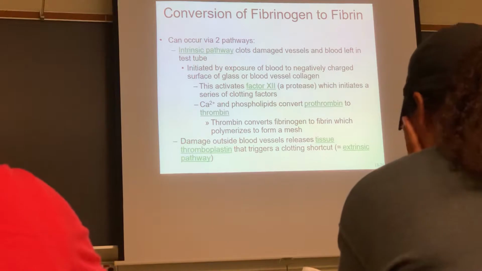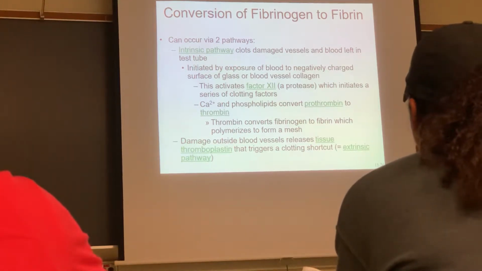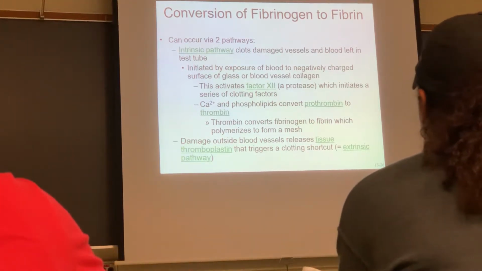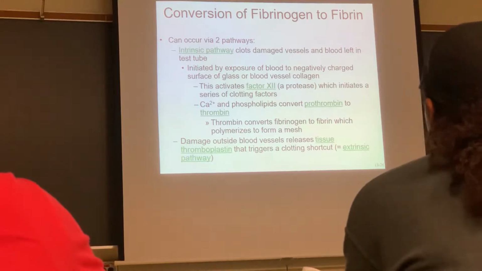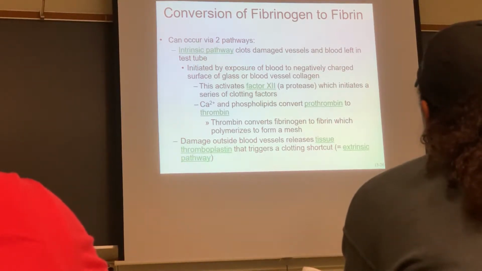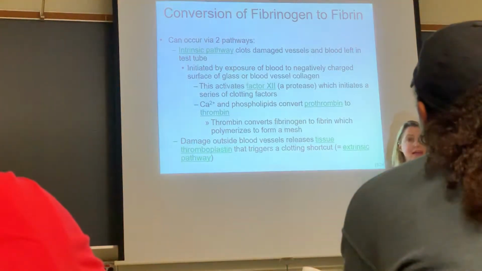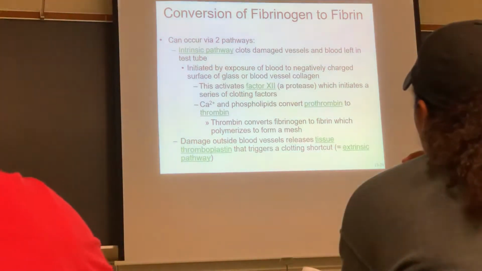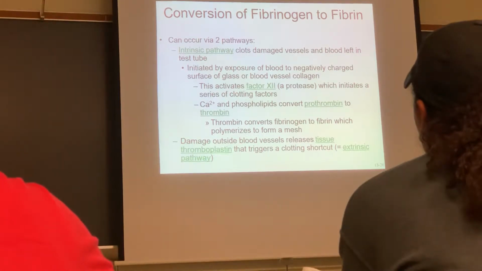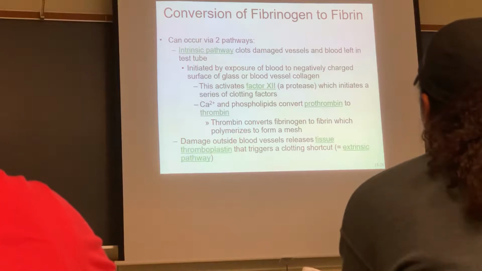So the question is, how do we get from fibrinogen, which is an inactive protein, to fibrin? Well, it actually occurs by a cascade of events that involves chemicals called clotting factors, and you need to make all of them in order to be able to get to fibrin.